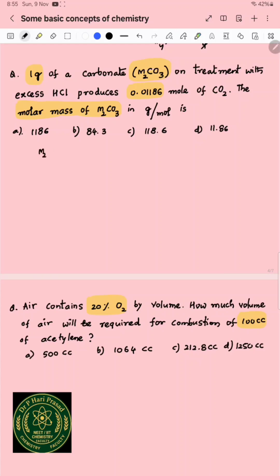I will write the equation: M2CO3 plus excess HCl gives MCl plus H2CO3, and this H2CO3 will be converted into H2O plus CO2. For balancing, M2CO3 plus 2HCl gives 2MCl plus H2CO3.